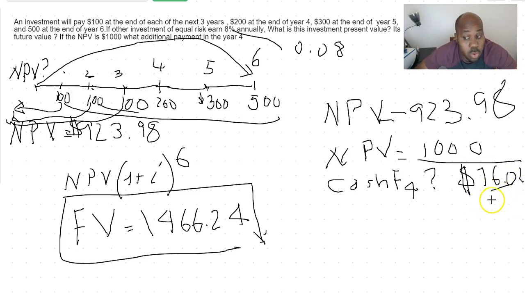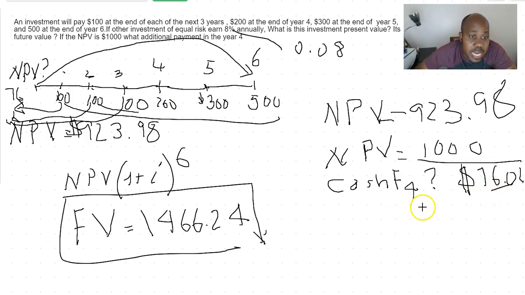So it's like I have a net present value of 76, because they asked what additional cash flow in year 4. I know year 4 is 200, so what I need to add to the 200 is what gives me 76 more.